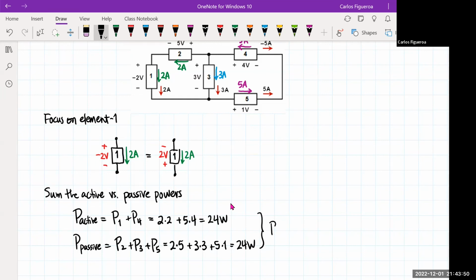So this tells me that the active is equal to the passive, and therefore this circuit has passed as viable.